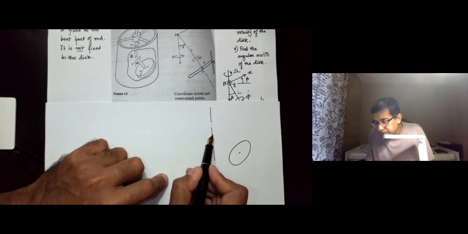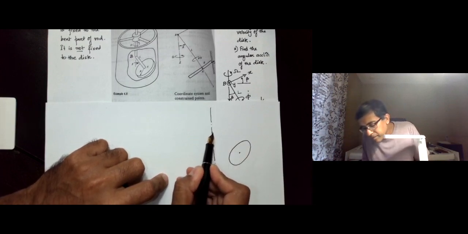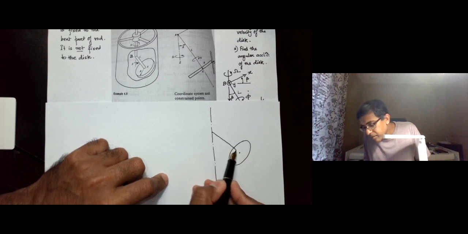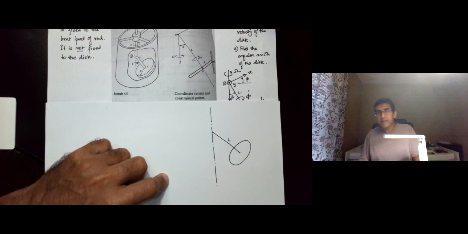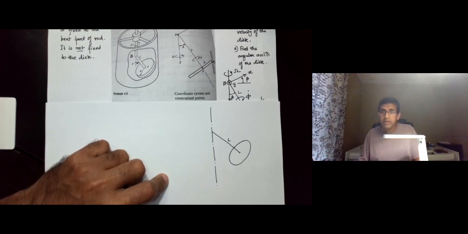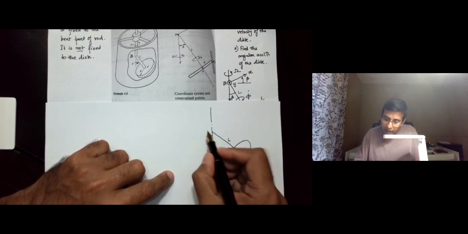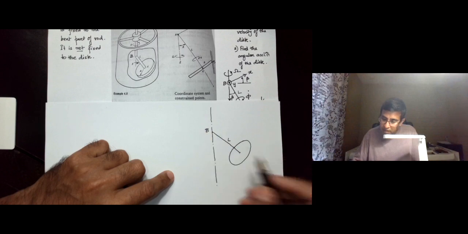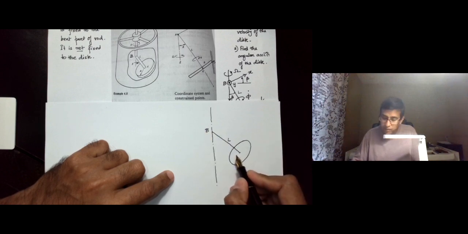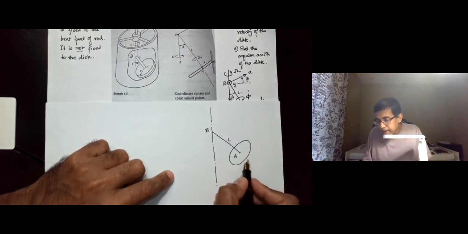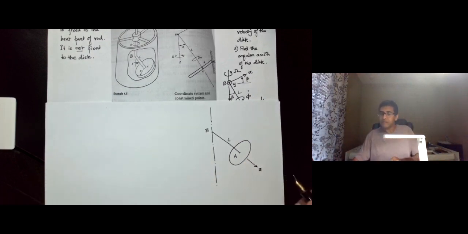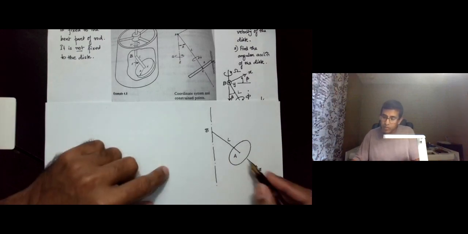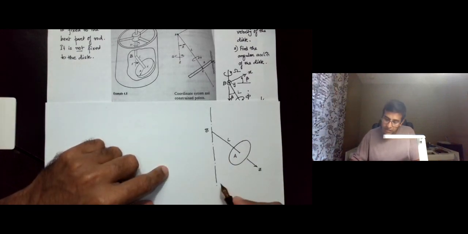And this is the bent part of the axis L. So this point is B, this point is A, and our z-axis, the rotating z-axis, is going to go along the axis of the disk.